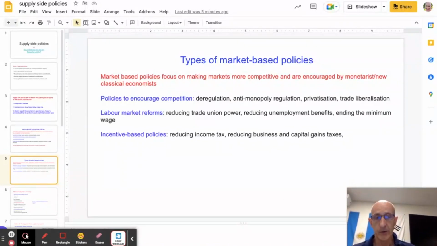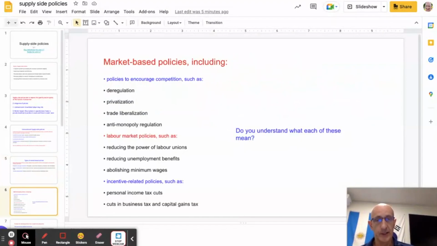So you've got to be very careful with that as a policymaker. Various other incentive-based policies revolve around taxes and the level of tax that, particularly in a progressive tax system, is thought to provide a disincentive if it's too high for people to work or firms to invest and produce.